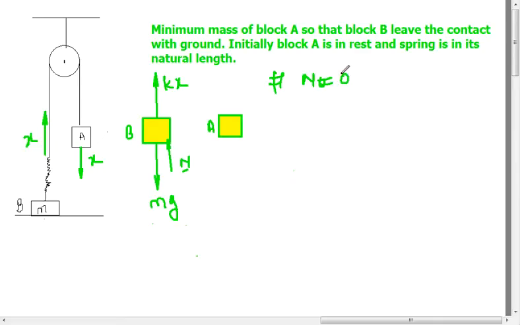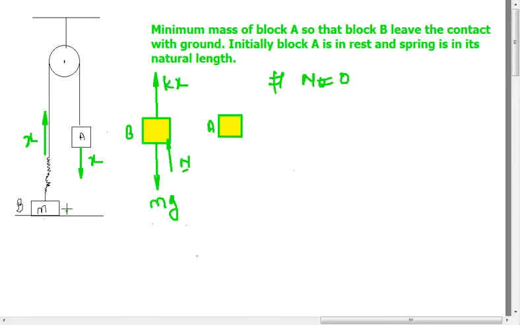Block B cannot move in this direction; before leaving, the velocity in the vertical direction is going to be 0. What will be the velocity in this direction? It is going to be 0.